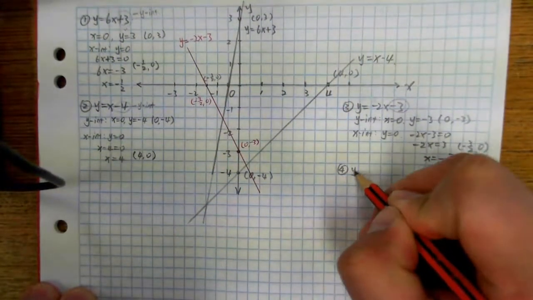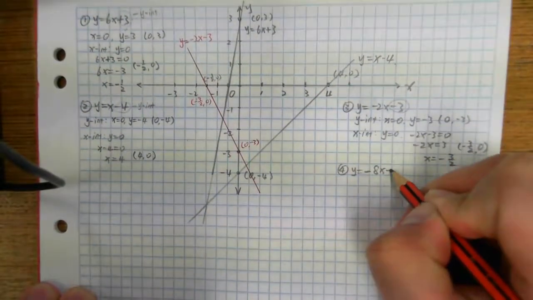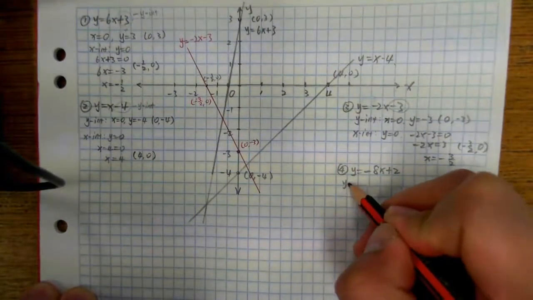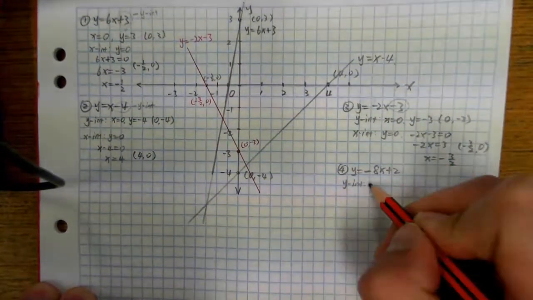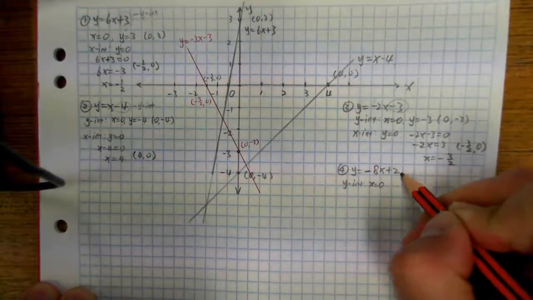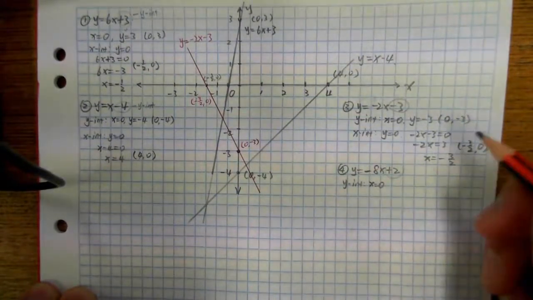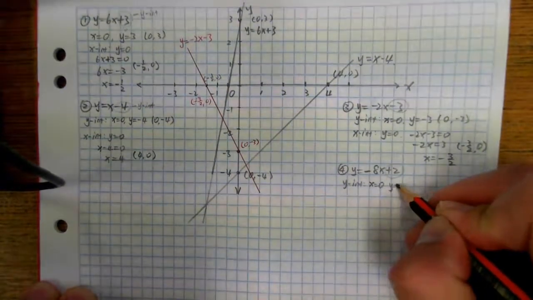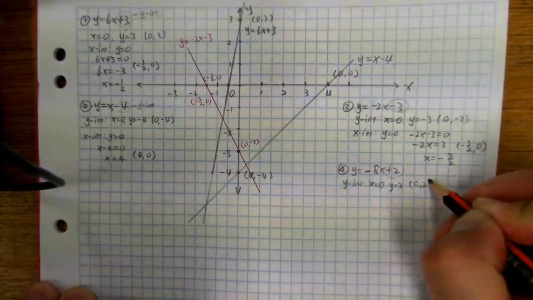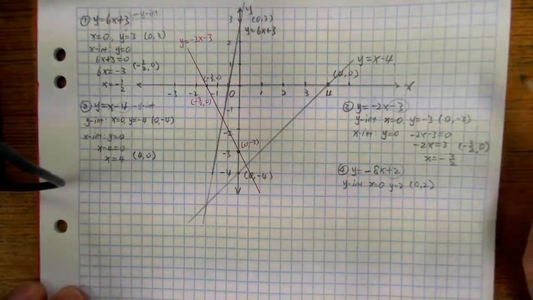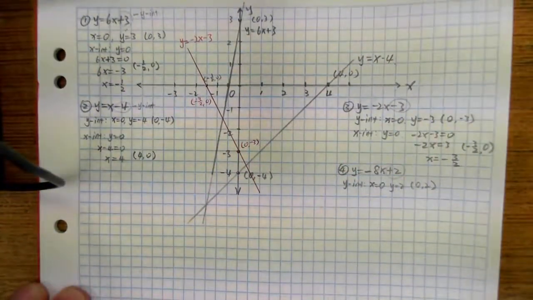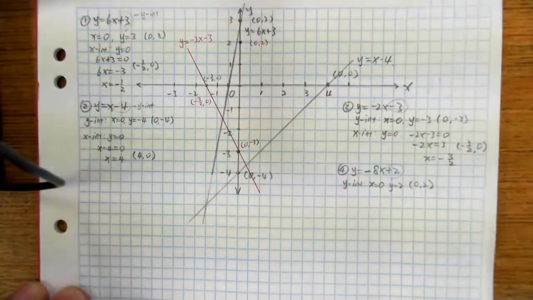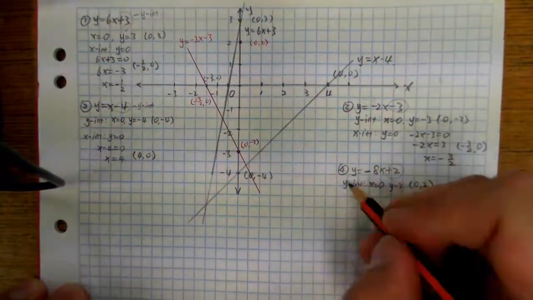Number 4, y equals negative 8x plus 2. Alright, so the y-intercept, when x equals 0, so this one is the y-intercept. Alright, y equals 2, (0, 2). Okay, let's quickly plot (0, 2). (0, 2) is here. Okay, now the x-intercept.